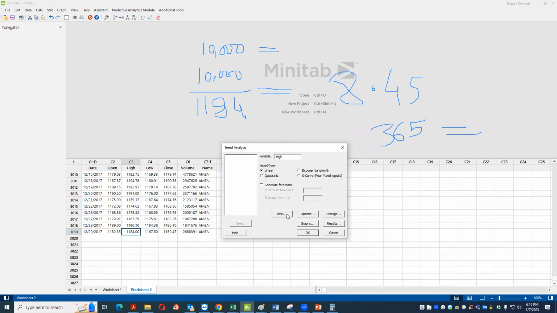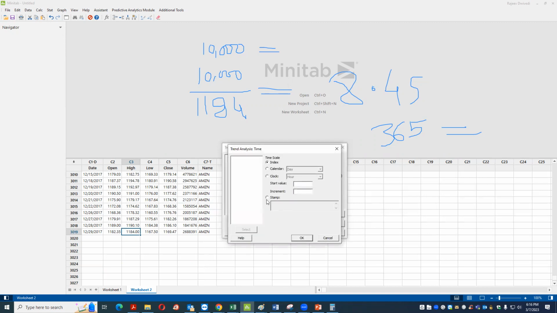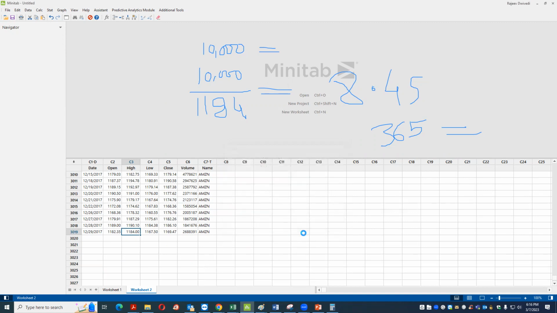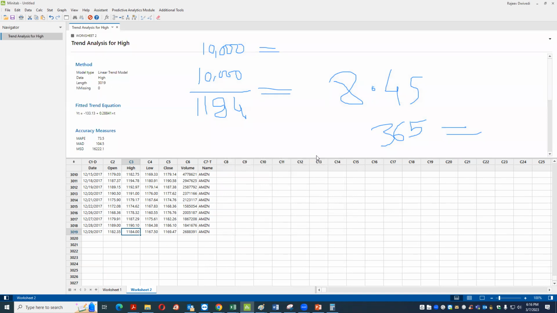Linear. Here we have the time stamp, and I just put the date here. The stamp is the date; this date is plotted on the x-axis and the high value is on the y-axis. Okay, let's look into this.